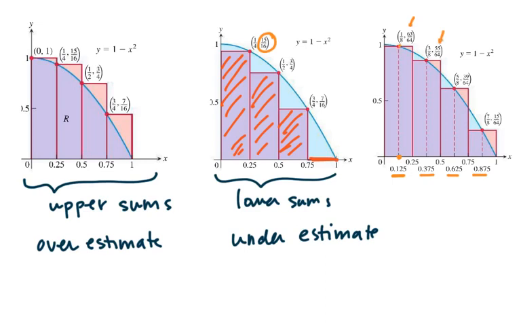So I'm calculating these y values. So I have a width and a height. And if you notice, looking at the picture here, we have a little bit of region where we have undershot and then a little bit of region where we have overshot.